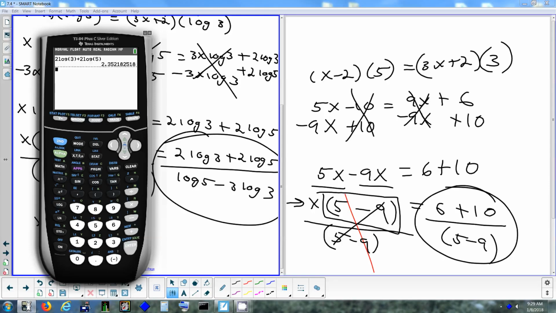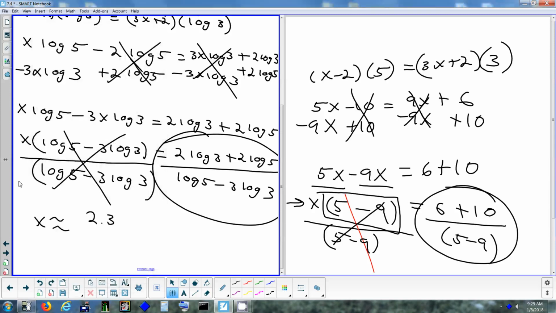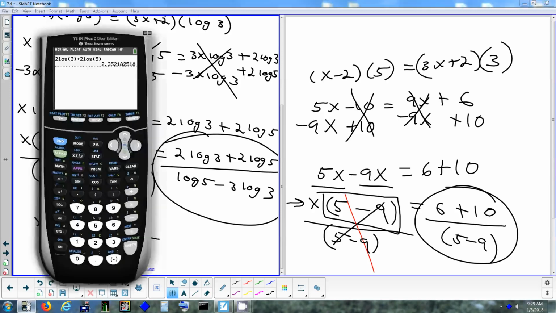So the top is 2.352. Since I use 3 decimals, that's accurate enough for what we're doing. And the bottom, log 5 minus 3 log 3. So the bottom is negative 0.732.